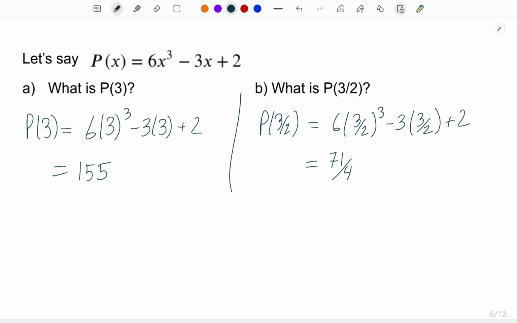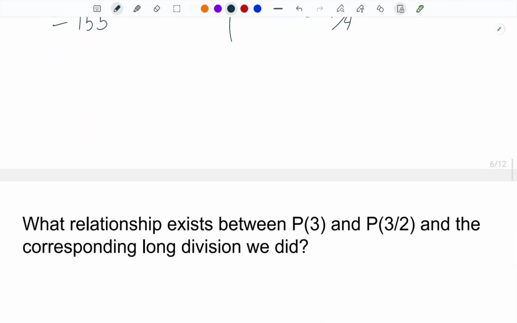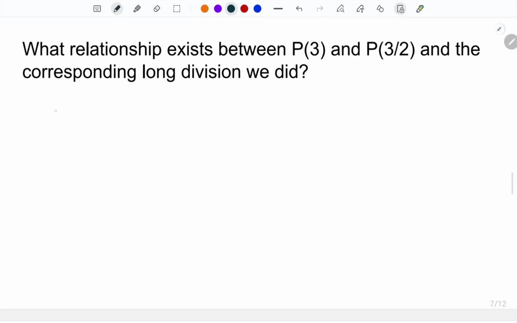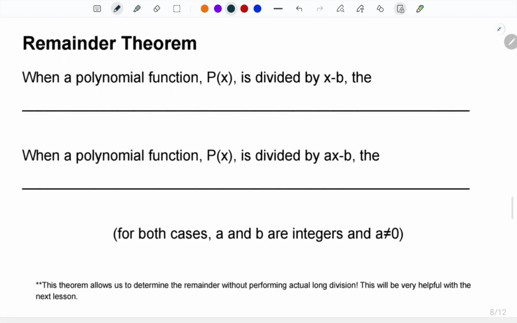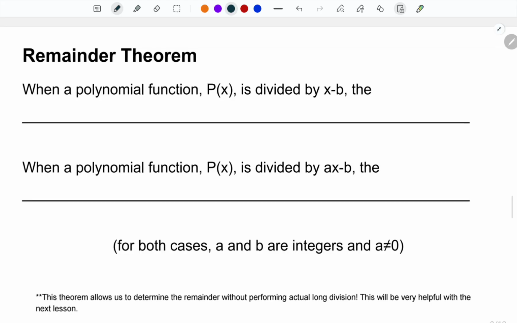So how are we getting this 3, and how are we getting that 3 over 2? Well, what we're going to see is that how we get that 3 and that 3 over 2 is those are just essentially the roots, the corresponding roots of what we were dividing by.